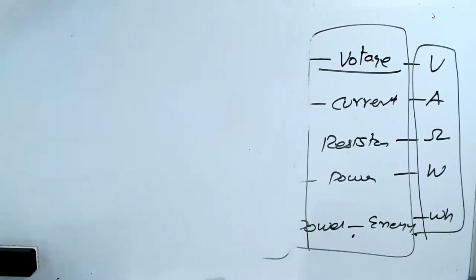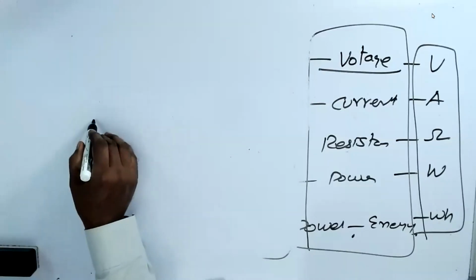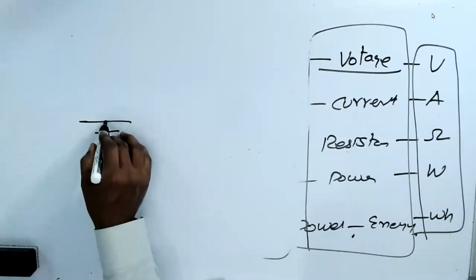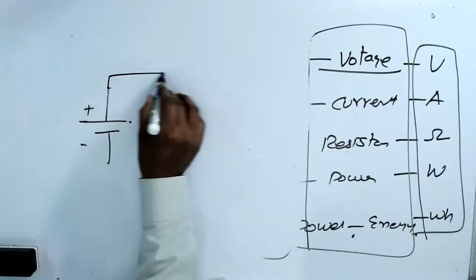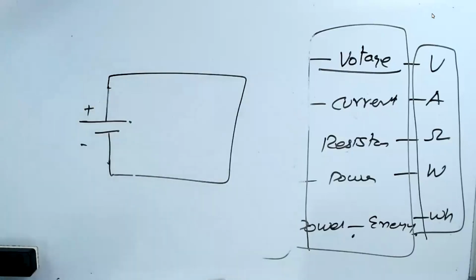Sir, my question is, inside a circuit, if you want to connect a bulb to a voltage source without a resistor, what will happen exactly? What is the use of the resistor in that? Yeah, you're right. I have a voltage source, a battery symbol, and I connect a conductor.